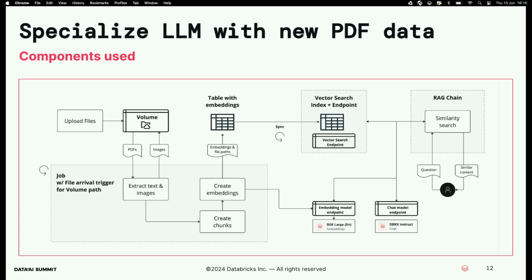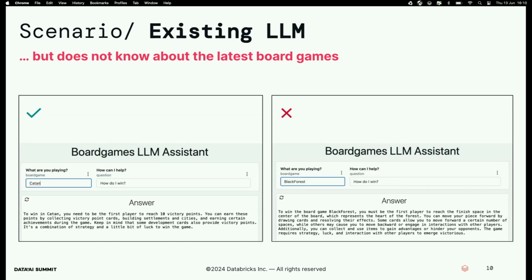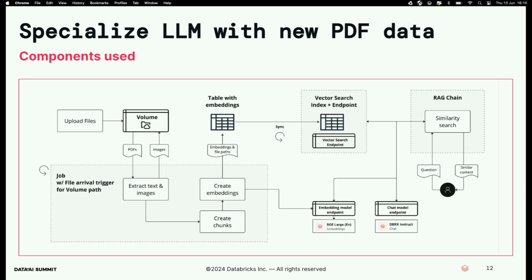And we will want to use these images to give also livelier answers. Here it's a bit dry, it's just text. Let's try to use some images as part of the answers as well. And also let's make the answers more credible by providing links back to the source documents. So for that, we will extract the images and we will put them back to the volume.